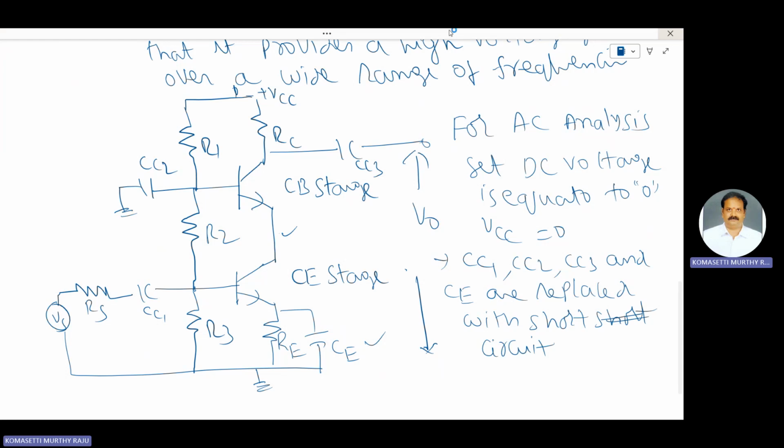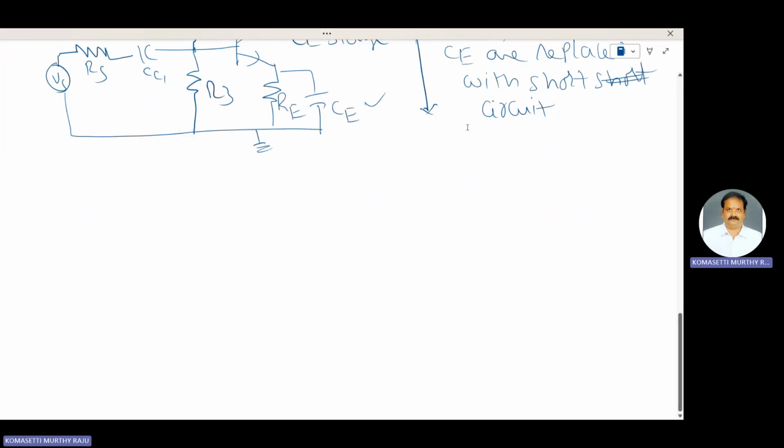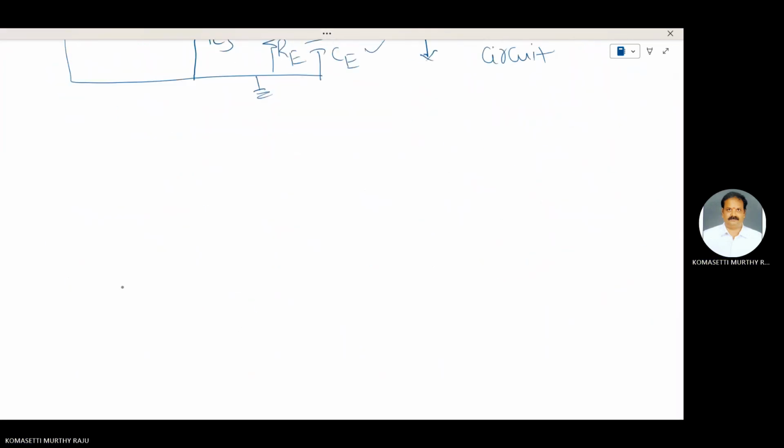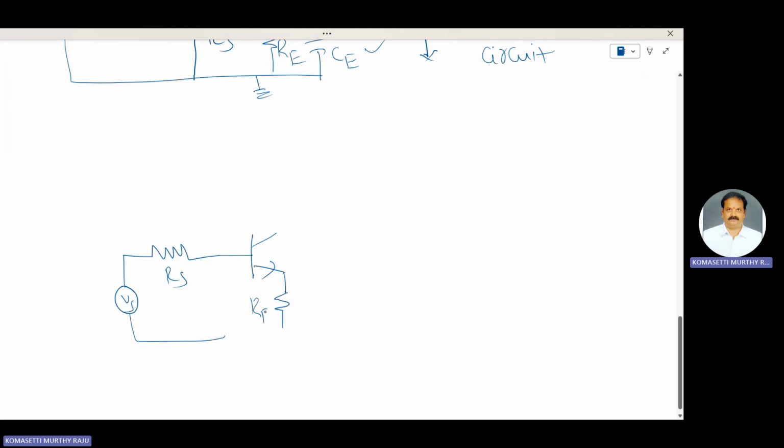Therefore, the simplified diagram is here. VS in series with RS. The coupling capacitor CC1 is replaced with short circuit, and this one is RE.